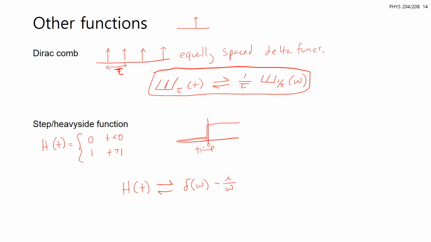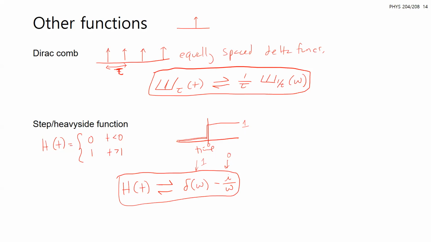So this is like an infinitely sharp step. The step contains all frequencies, but it has a phase shift where it's 0 here. This is accounting for the 0 components, and this is accounting for the areas where it's 1. So that's another one worth noting, but not in as much detail.